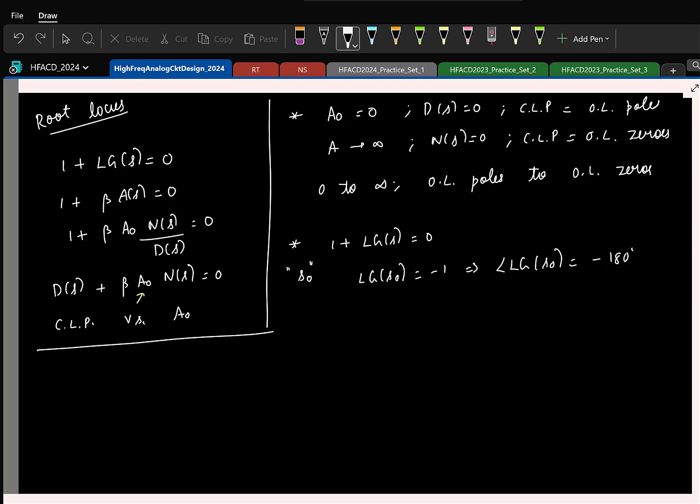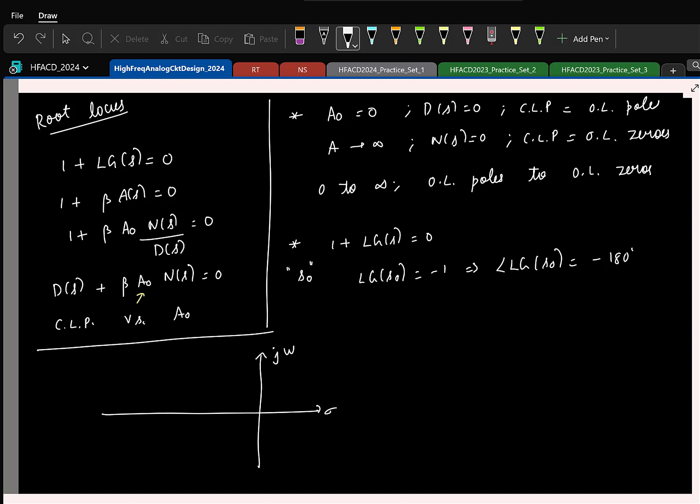So do you remember what does it translate to with respect to root locus? Do you remember? Okay, so let me take an example. Let us say I am sketching the root locus, so it's the complex S plane, sigma j omega.